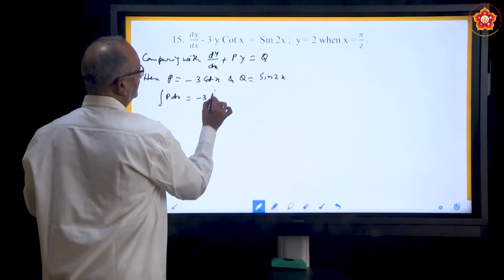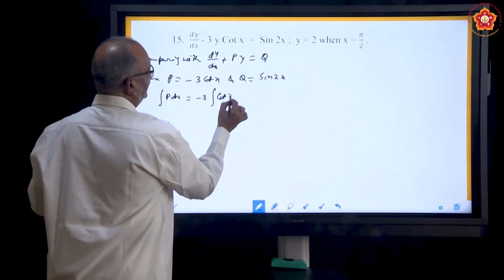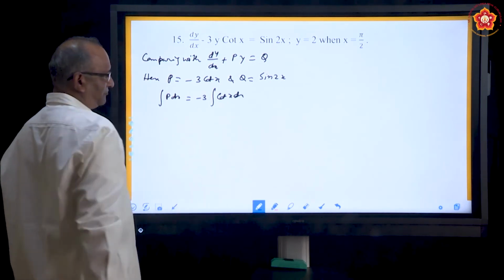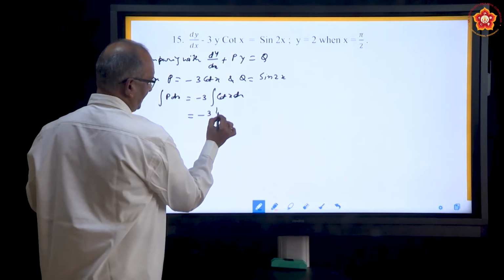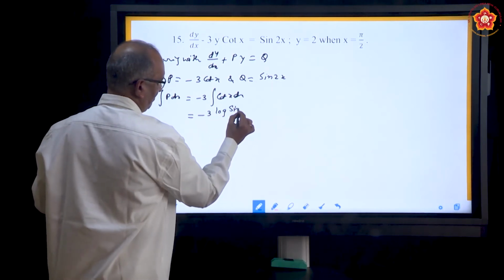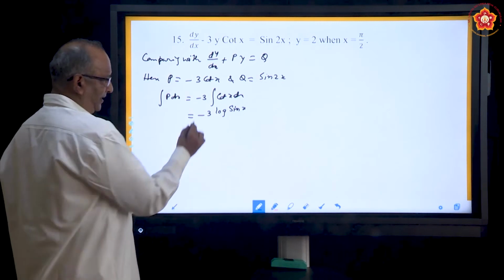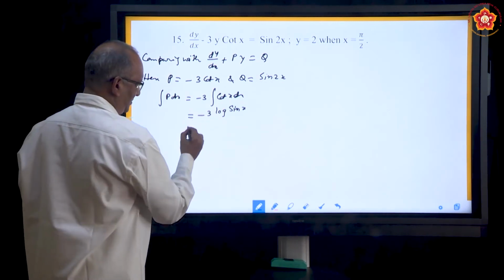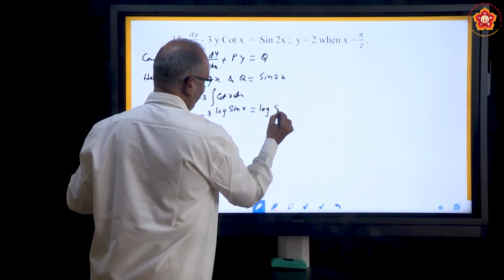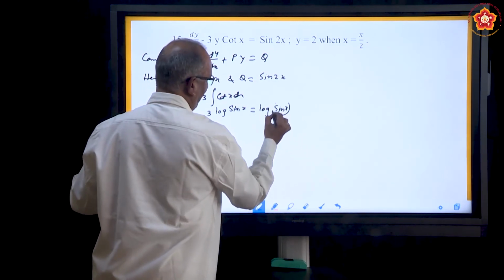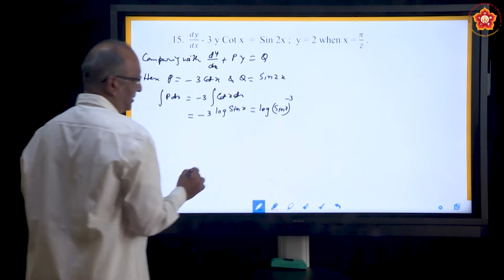Let minus 3 be outside, integration of cot x dx. What is the integral of cot x dx? It is log sin x. Take this minus 3 up. So, this can be written as log sin x to the power minus 3.